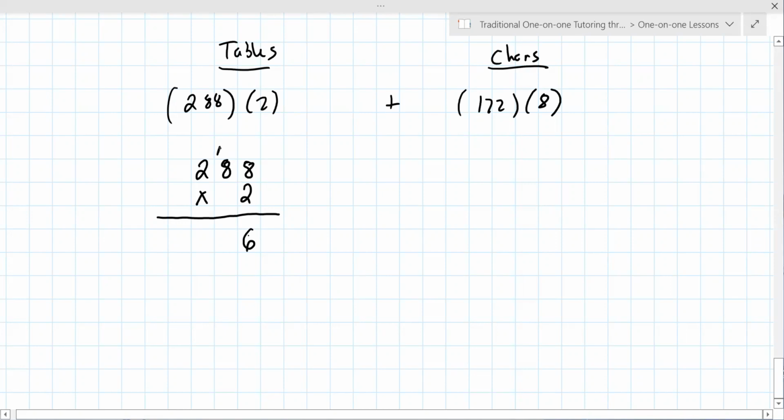And then you add the 1. What does that become? 17. So you put a 7 here, carry of 1. And what is 2 times 2? 4. Plus 1 is 5. Good.